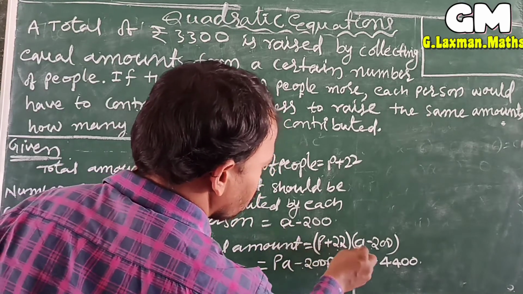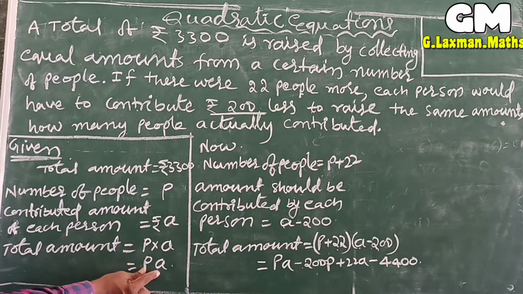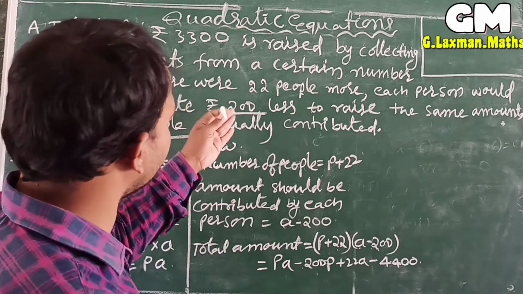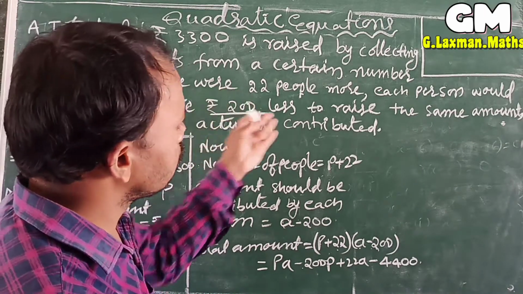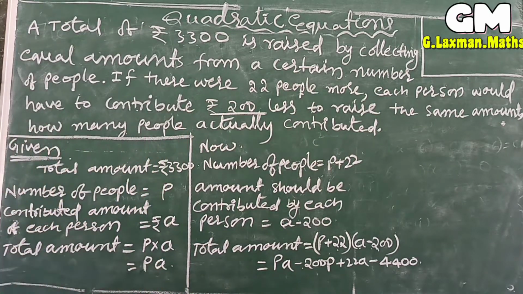Now what is this amount here? P plus 22 into A minus 200 is equal to how much? PA. After contributing 200 less, they are collecting the same amount, which is equal to PA.